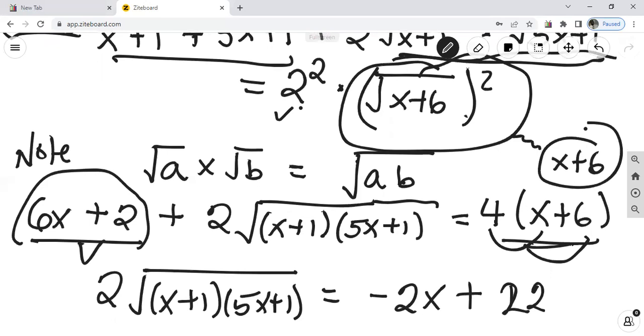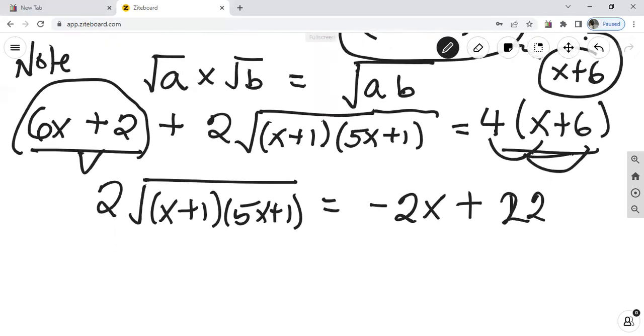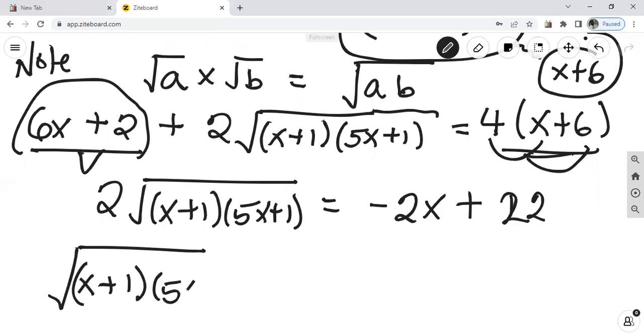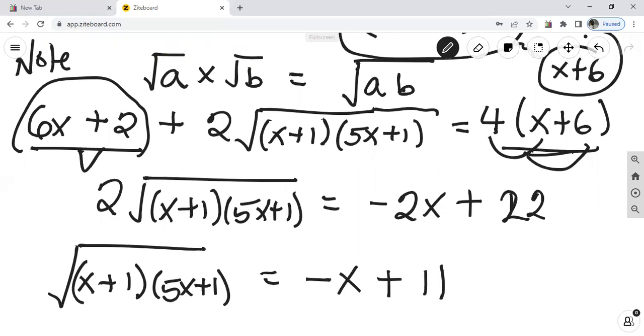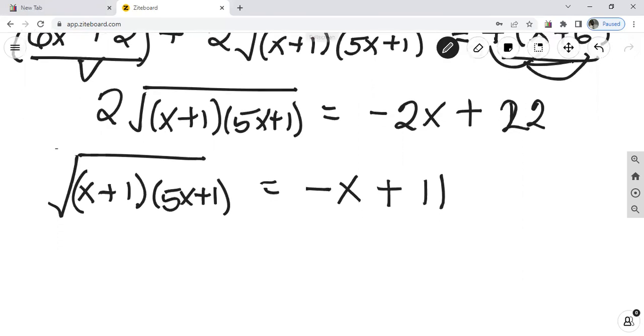You can divide 2 by 2, and if you do so, you have the square root of x plus 1 multiplying 5x plus 1, which is equal to minus x plus 11. What do you do to remove this square root sign?